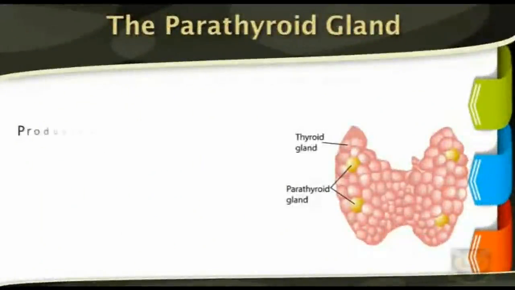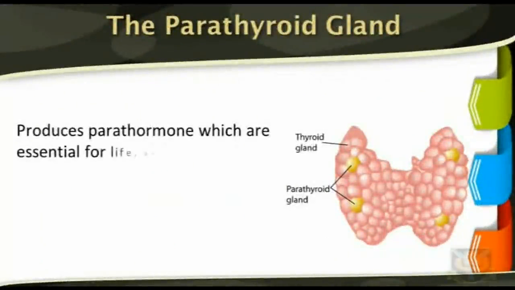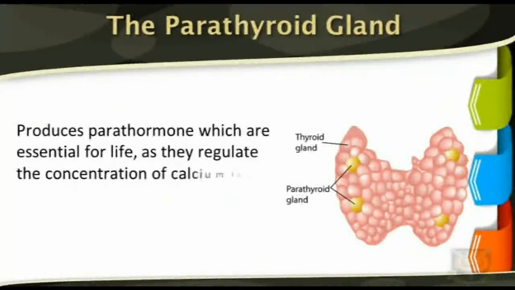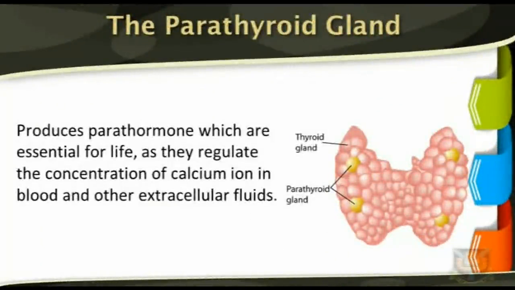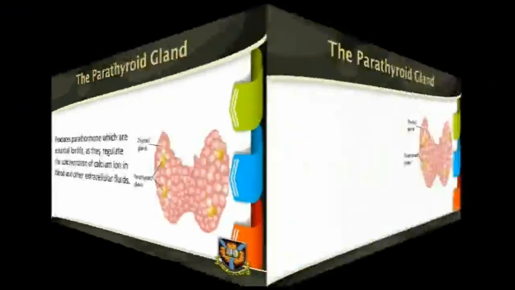The parathyroid gland. The parathyroid glands derive their name from the fact that in mammals they are embedded within the thyroids. They produce parathormone, which is essential for life, as it regulates the concentration of calcium ions in blood and other extracellular fluids.